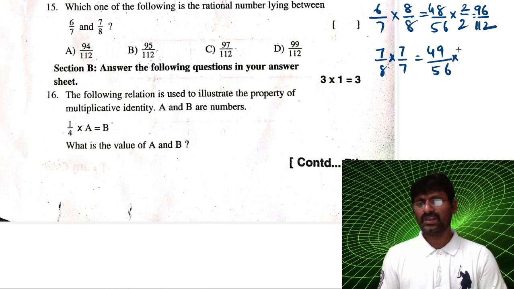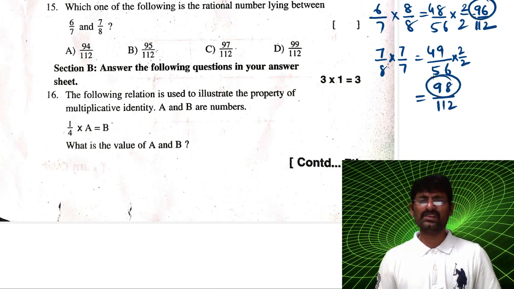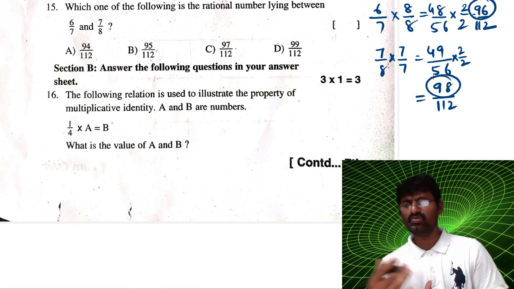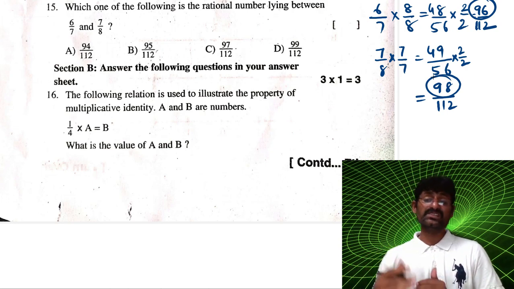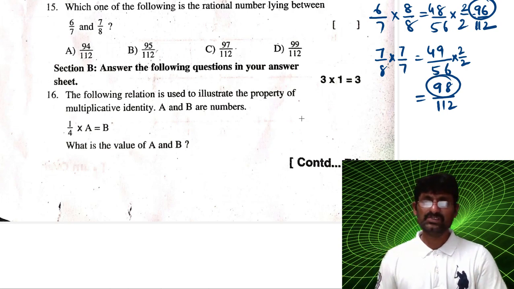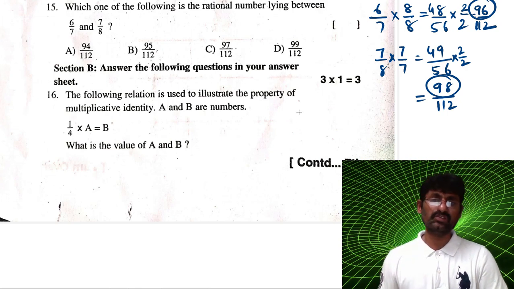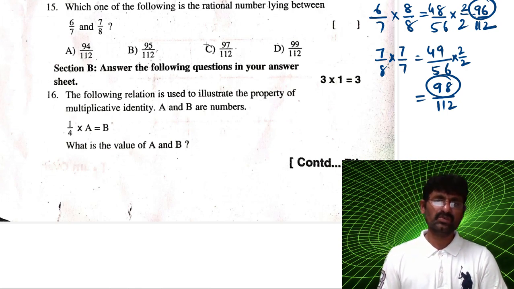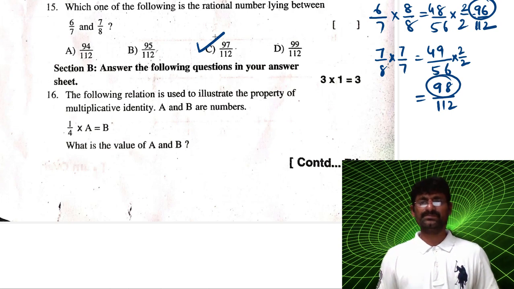So here also times 2 by 2 if you do, this is equal to 49 times 2 is 98 divided by 56 times 2 is 112. So we have 96 and 98 in the numerators. In between those two numerators, what is the number we have? 97. So 97 by 112 will be in between these two. So option C is correct.